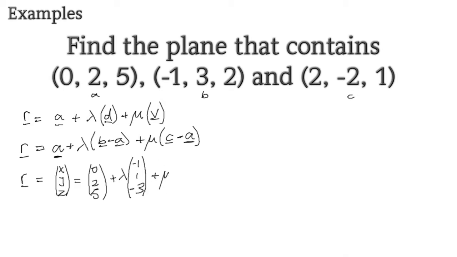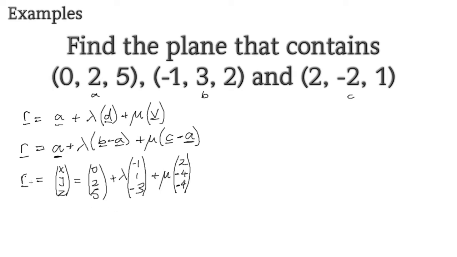Add mu lots of C take A: 2 take 0 is 2, -2 take 2 is -4, 1 take 5 is also -4.